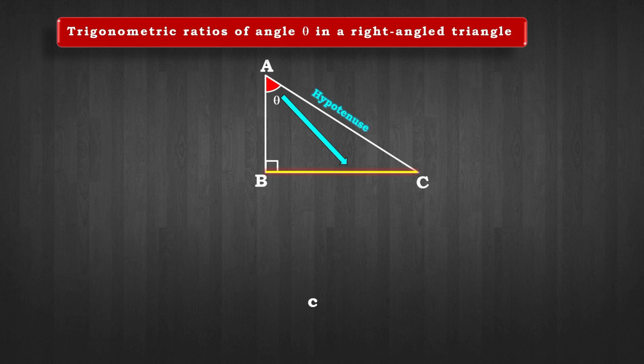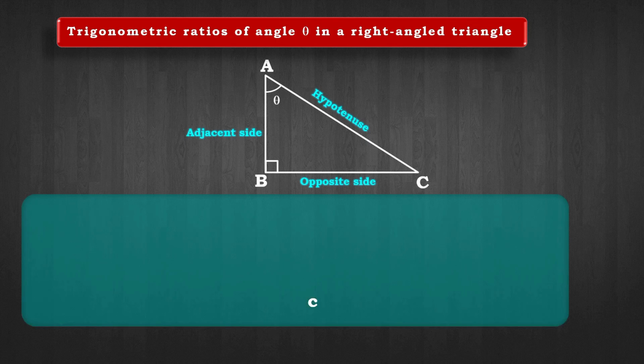The side opposite to angle theta is the base, which is called the opposite side. The side next to angle theta, but not the hypotenuse, is called the adjacent side. The longest side of the triangle, which is opposite the right angle, is called the hypotenuse. Now we will define each trigonometric ratio one by one.